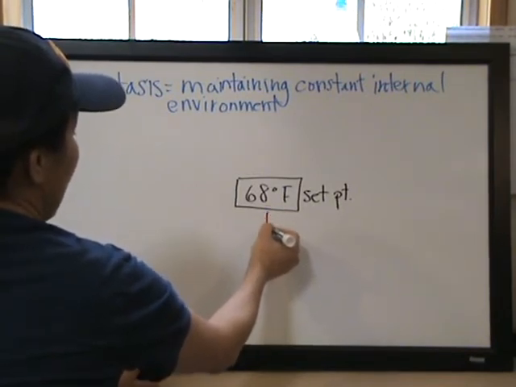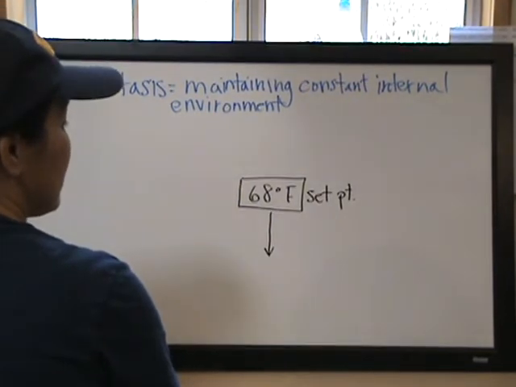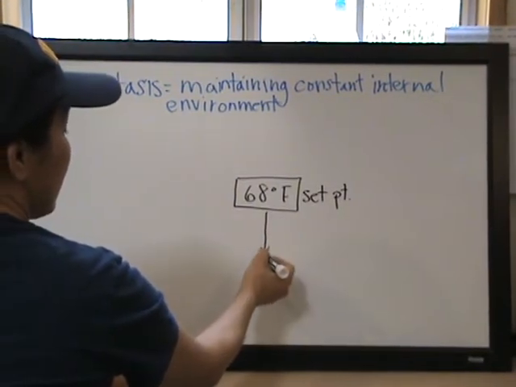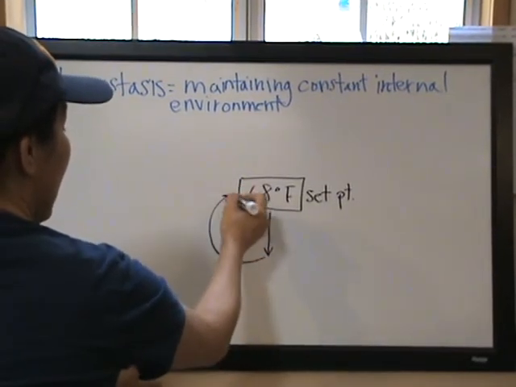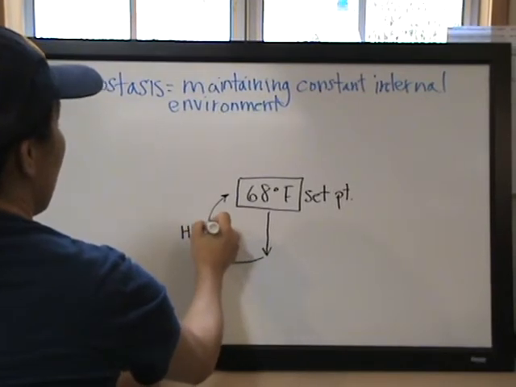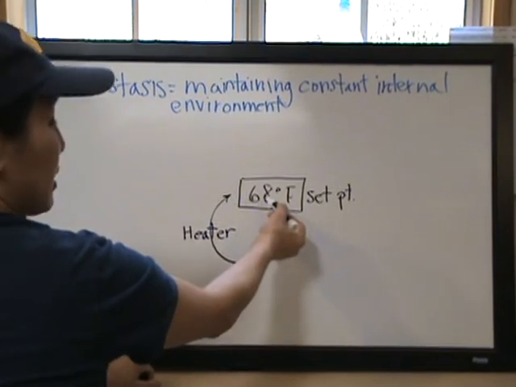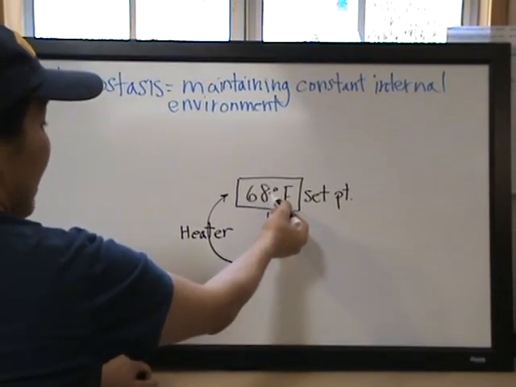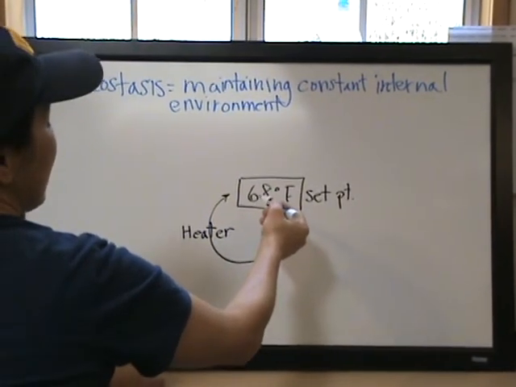So if the temperature outside the house begins to drop, inside the house the heater kicks on, and you can hear it in the middle of the night. It brings the temperature back up to our set point, so we can maintain that nice 68 degrees inside the house.